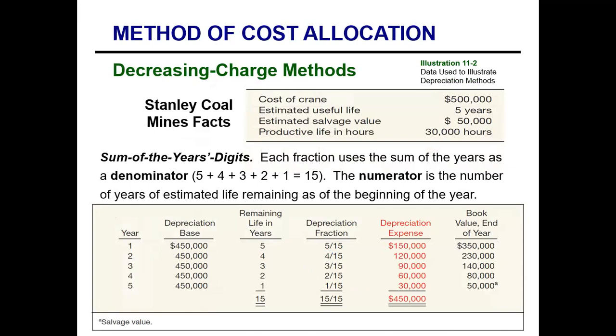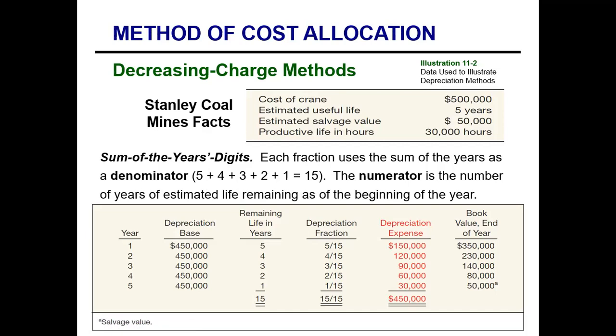And so on this example, again, we're using the example of the crane. To get the sum of years digit fraction, we're just adding, just like it shows here, this is a 5-year asset. So 5 plus 4 plus 3 plus 2 plus 1. So 15 is our denominator on our fraction.